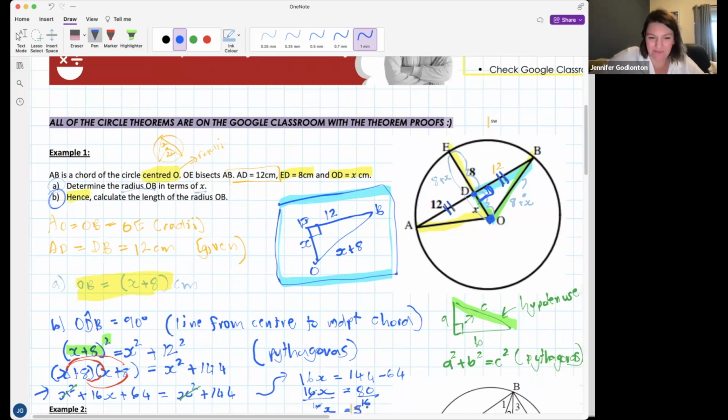Okay, now that I've done all that work, have I answered the question? Let's read our question again. Hence, calculate the length of radius OB. Have I done that? What is radius OB equal to?